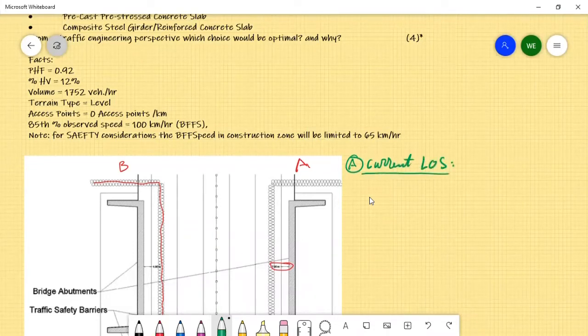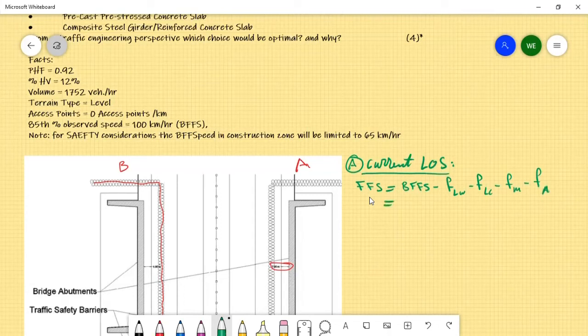First of all, we have peak hour factor, we have volume, let's calculate the free flow speed. Free flow speed equals the basic free flow speed minus factor for lane width minus factor for lateral clearance minus factor for median minus factor for access points.